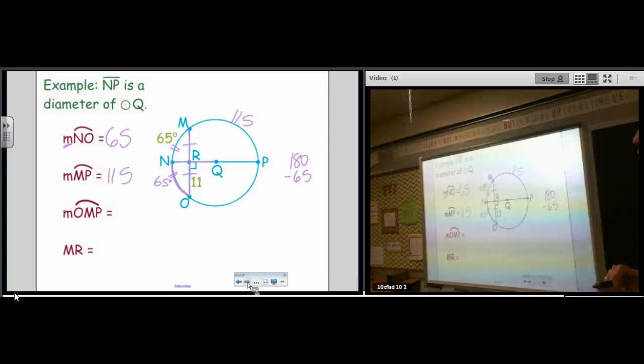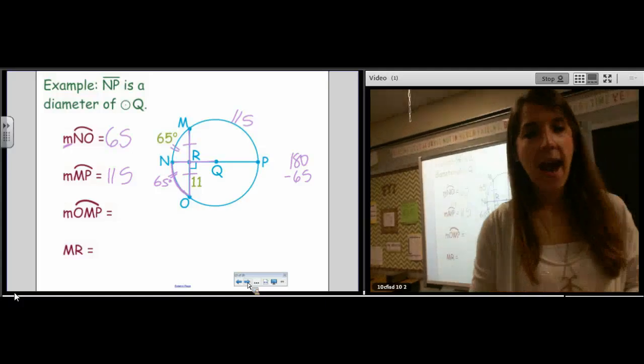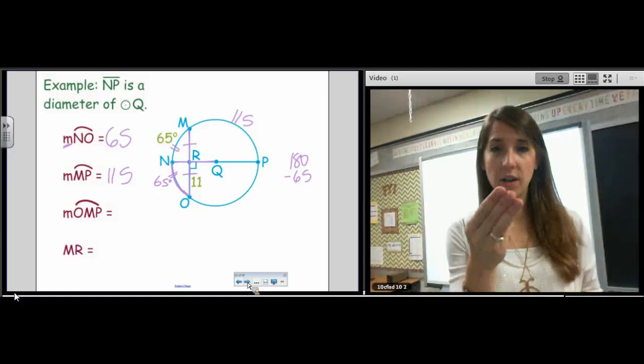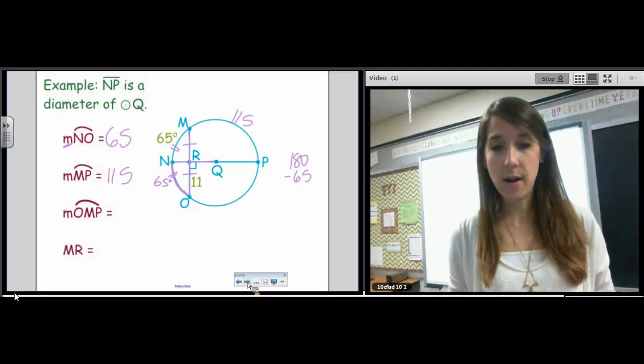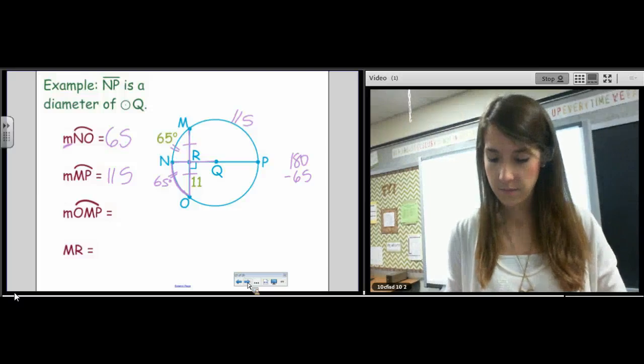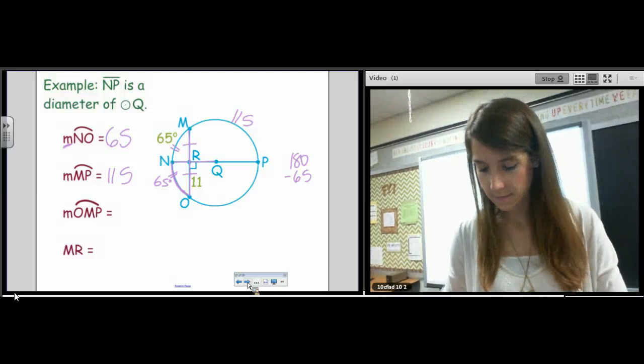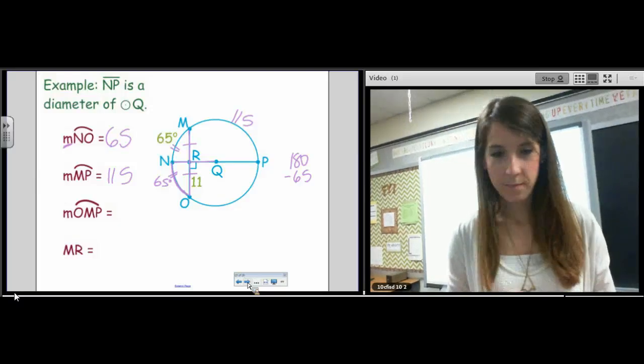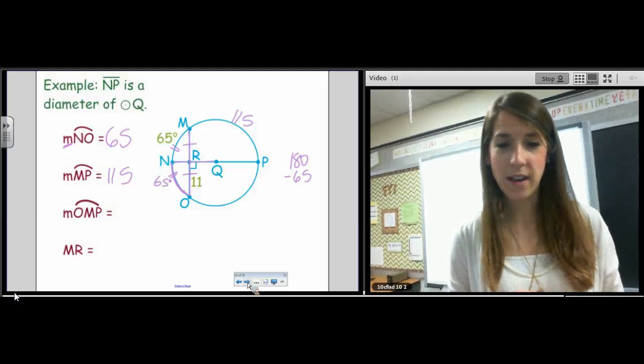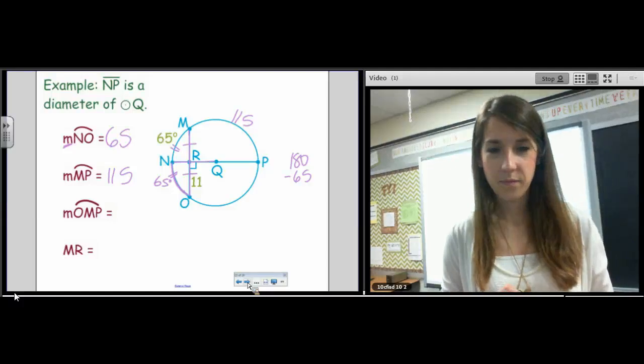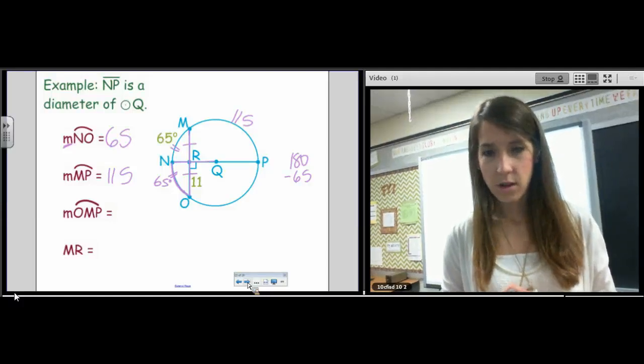Measure of arc OMP. Add it together. If we use 3 letters, it's a major arc, so your answer better be more than 180.